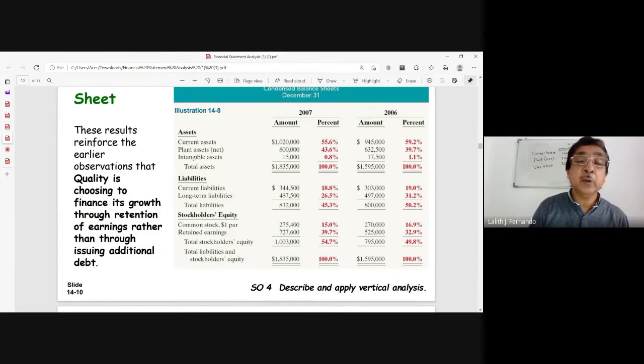Right. Now you can just look at this comment. These results reinforce the early observations that Quality is choosing to finance its growth through retention of earnings rather than through issuing additional debt.